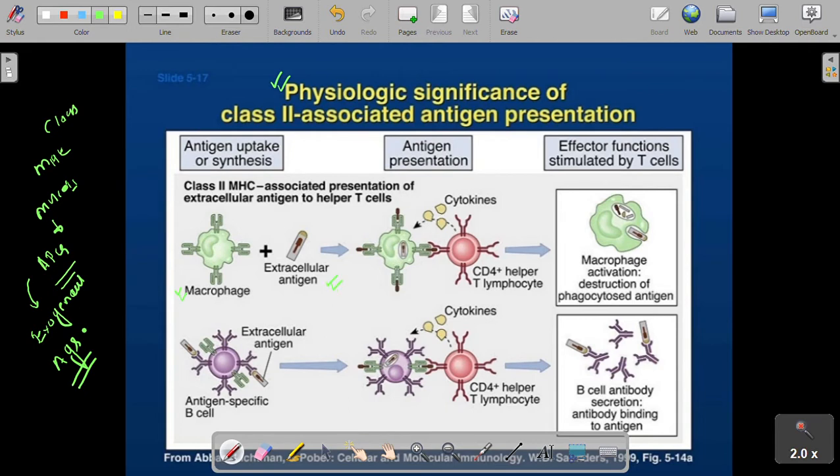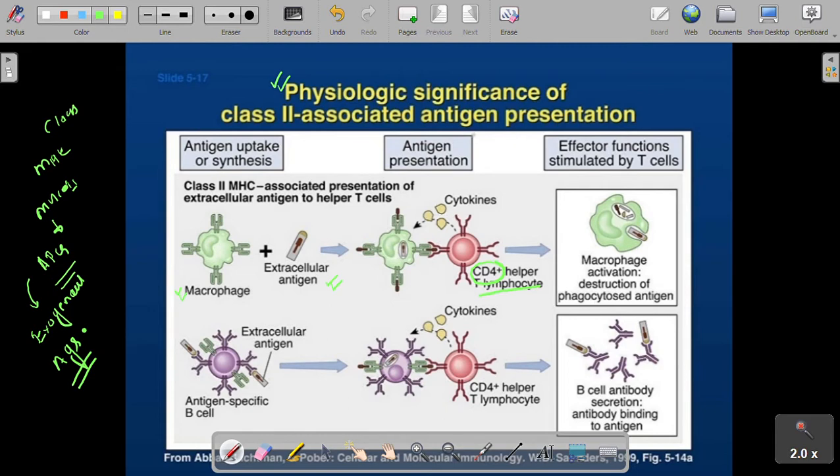These macrophages process the extracellular antigen by the exogenous pathway, and it combines with the Th helper cell, which represents the CD4 plus receptor, and it secretes cytokines.